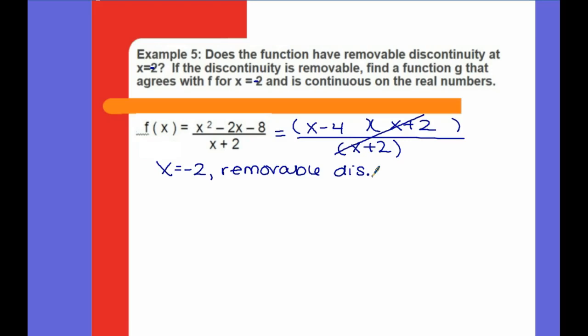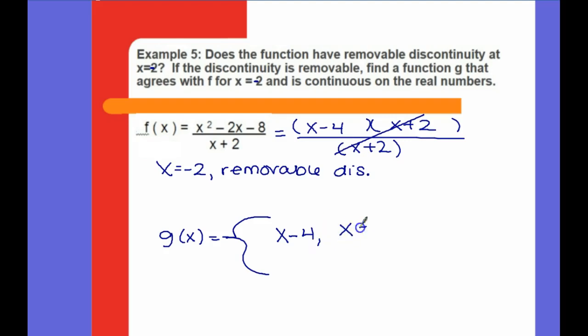So it says find a function g that agrees with f. What we're going to do is create a piecewise function. We're going to call it g, and it's going to fill in that hole. So you write the f of x, and we can write it either as the original or as the simplified.